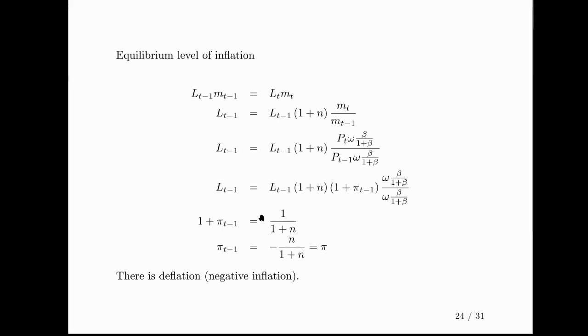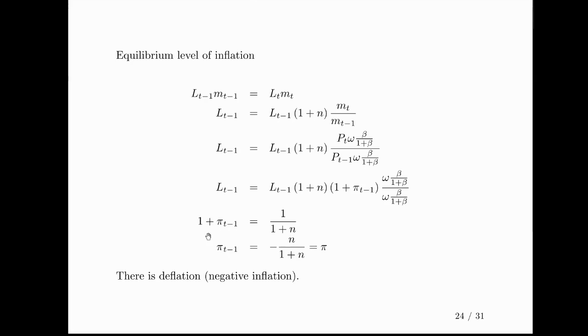And eventually I get this extremely simple expression: 1 plus pi_{t-1}. So inflation in the past is equal to, basically I just divide by 1 plus n on each side, so I get 1 over 1 plus n here. So that's the expression I get.